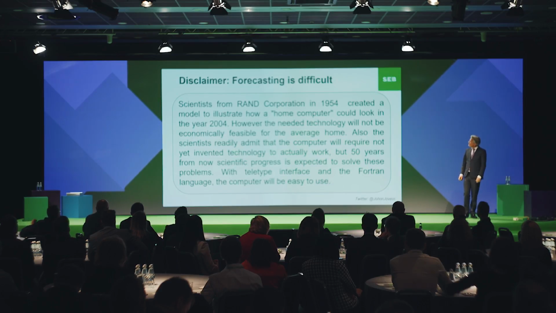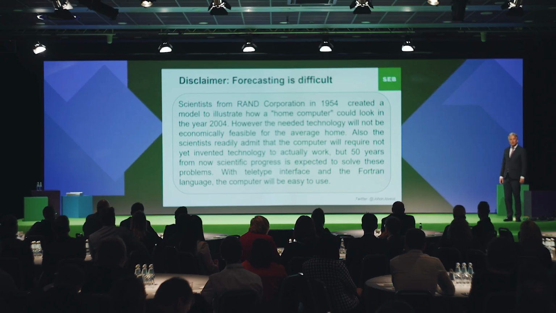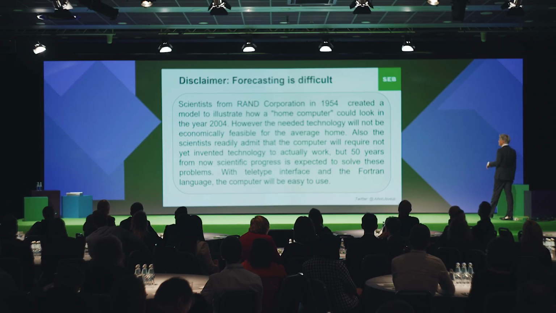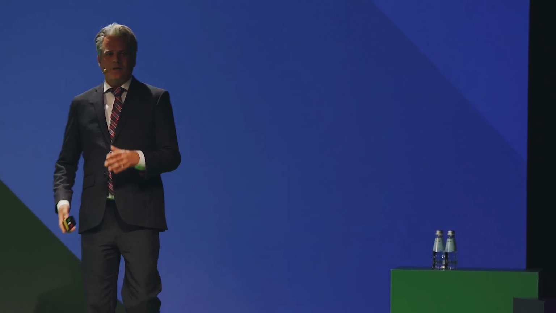This example is from a US company that was very early into building computers. Already in the 1950s, they started doing this. And the management of that company had a profound vision, basically. They told their most senior engineers and scientists, we want you to come up with a view of how a computer will look 50 years into the future, in 2004.